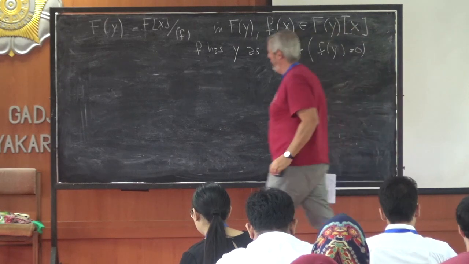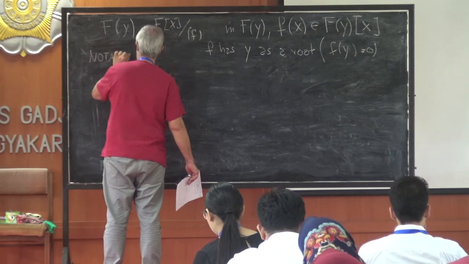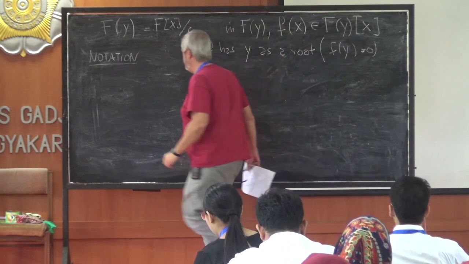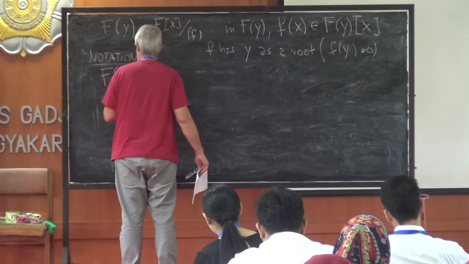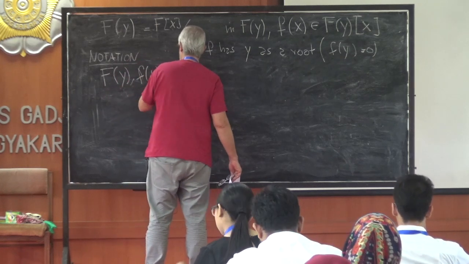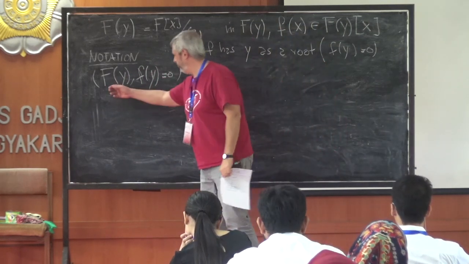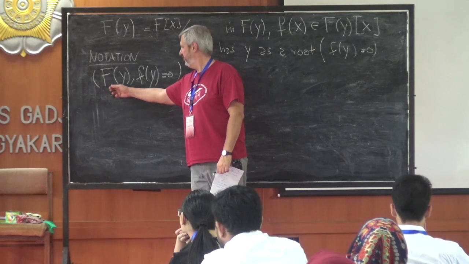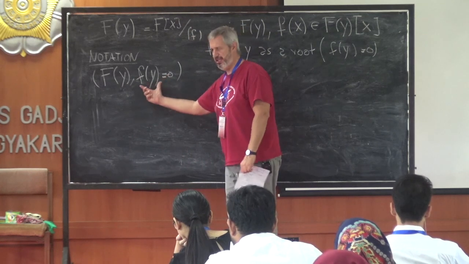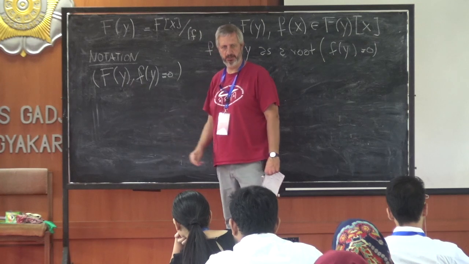And actually, one notation which is often used to indicate all this construction is the following. You just write F(y) and f of y equal to 0. This is often the notation. So to indicate that you're looking at a field in which the elements are polynomial expressions in y, and the stem is telling you how to make the computation, so dividing by this polynomial.